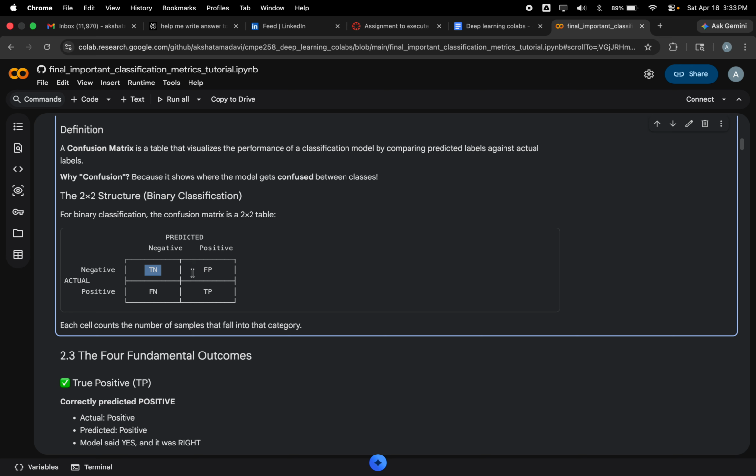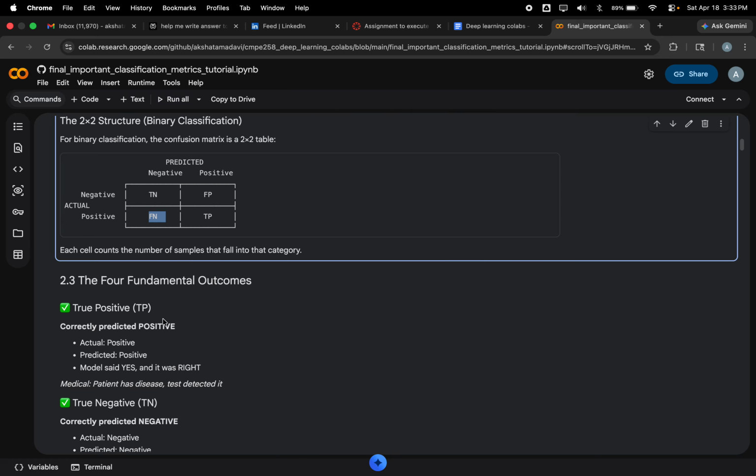And whenever we are not predicting it correctly, we add false. This was a negative value, but we predicted it as positive, so it's a false positive. And it was a positive value, but we predicted it as negative, so it is a false negative. This is how it looks.